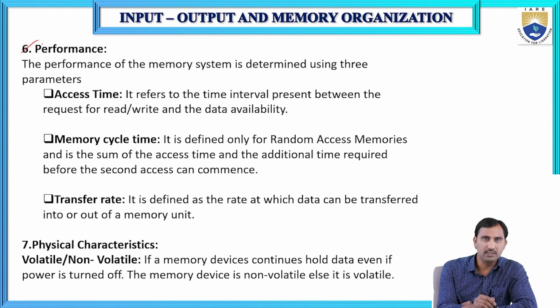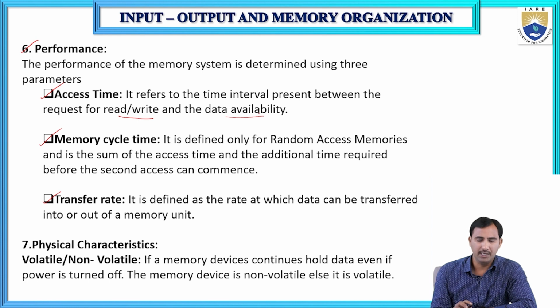And performance. The performance of the memory system is determined using three parameters: access time, memory cycle time, and transfer rate. Access time refers to the time interval between the request for read or write and the data availability.